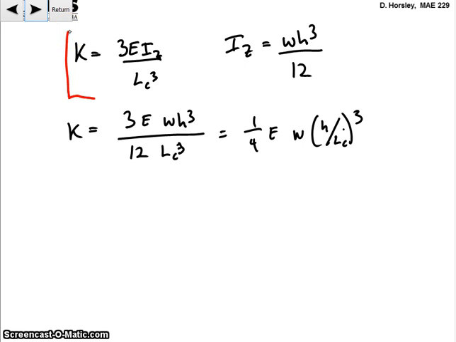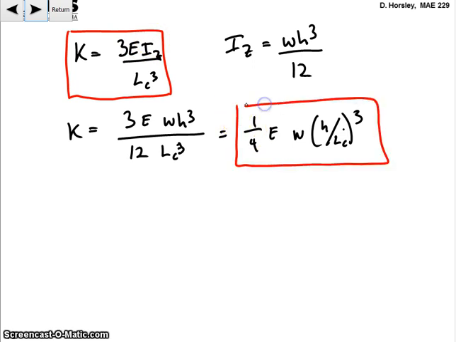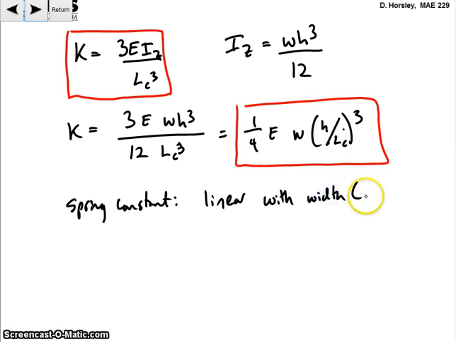So we can either think about this as the fundamental equation, right? This is maybe not so useful because it's not so obvious how I relates to the geometry of the beam. This one here, we see how all the parameters go into it. And we can see the spring constant is going to be linear with the width, which is the dimension that's normal to the force.